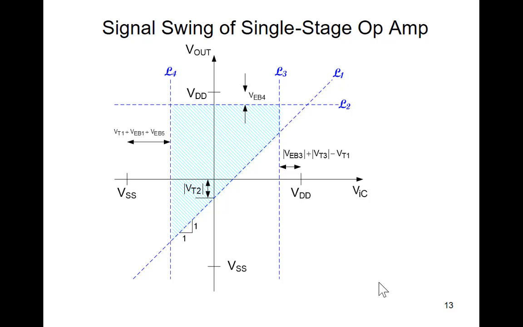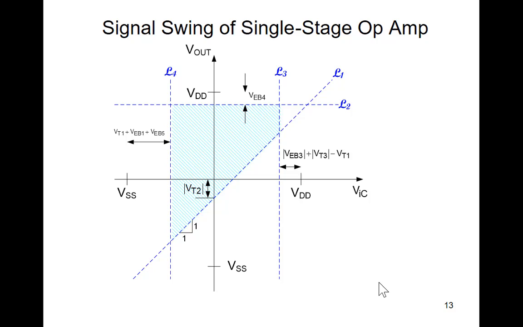On the top side, we can get closer: VXS bias plus VT3 minus VT1. If VT1 and VT3 are the same in magnitude, we get within an excess bias of the upper rail. If our excess bias is 100 millivolts, we can get within 100 millivolts of the upper rail with this device. Make sense? So we can get more common mode input towards the upper end with this structure than we can with the lower end.